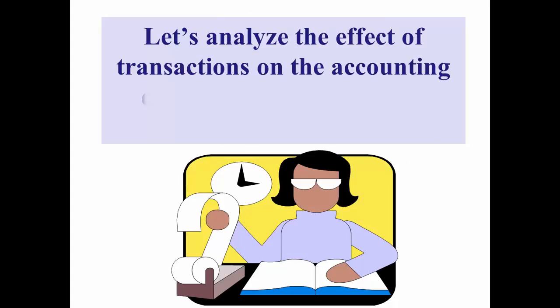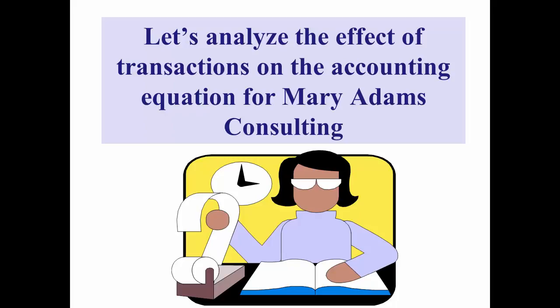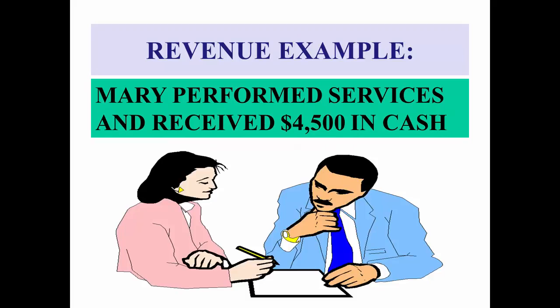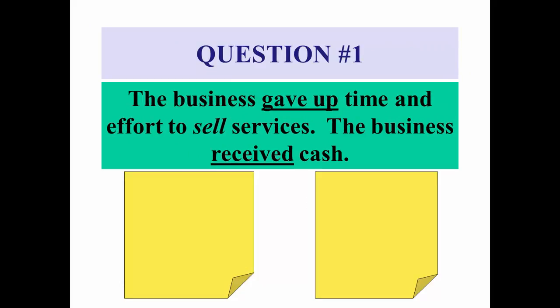Let's take a look at some more transactions for Mary Adams. So here's a revenue example. Mary performed services and received $4,500 in cash. What did the business give up and what did the business receive?